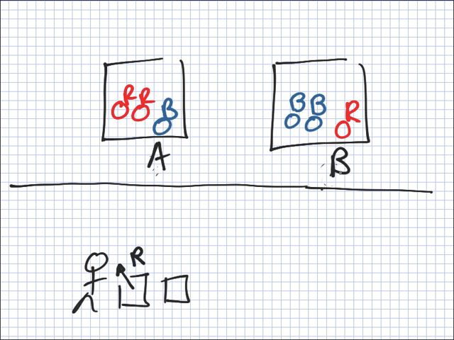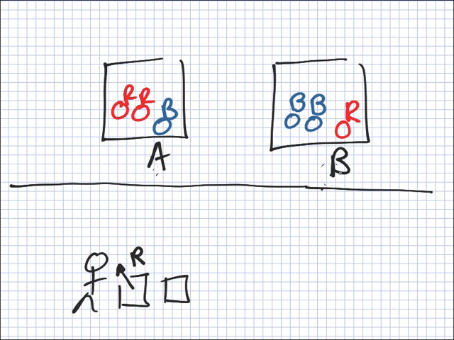Now if you had box A, and you took a red ball out, you could take another red ball out, right? If you had box B and you took 1 red out, could you take another one out? No. So the kind of the question here is, given that you took 1 red ball out, how likely is it that you'll take another red ball out? Now you don't have to use Venn diagrams here for this.